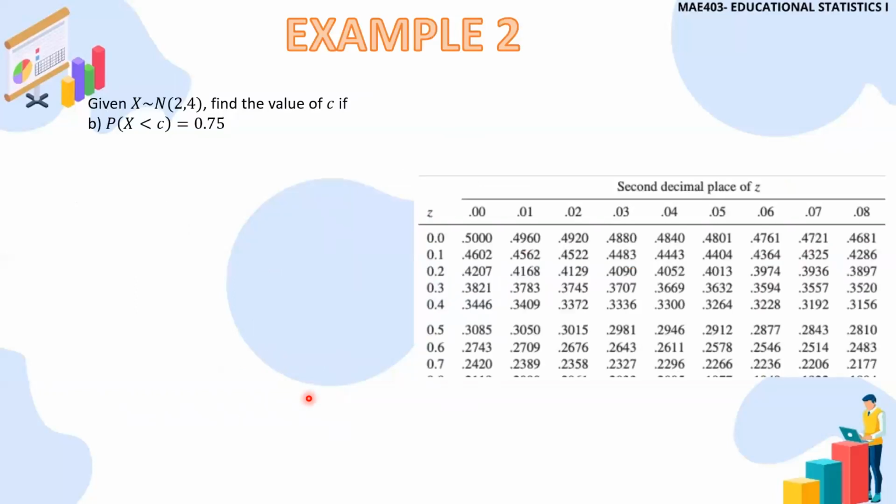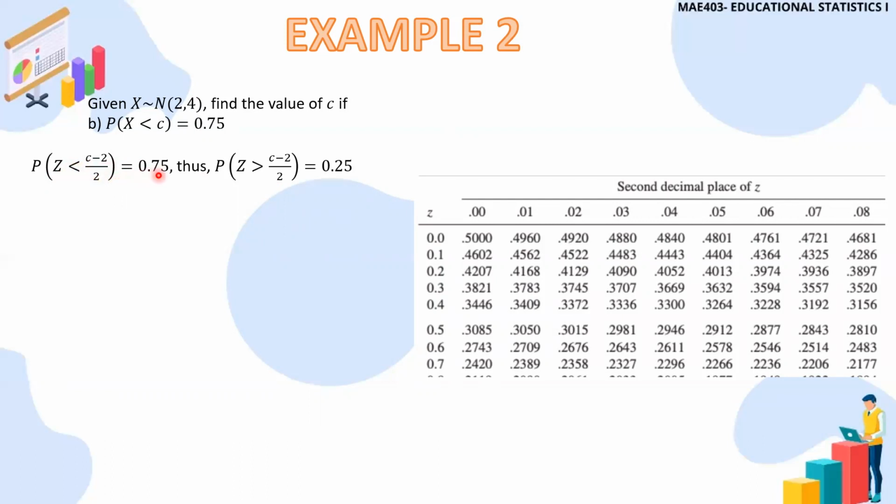Next is the probability of X less than C is 0.75. Find the value of C. First you need to approximate from the normal distribution to the standard normal distribution. The probability of Z less than C minus 2 over 2 is equal to 0.75.